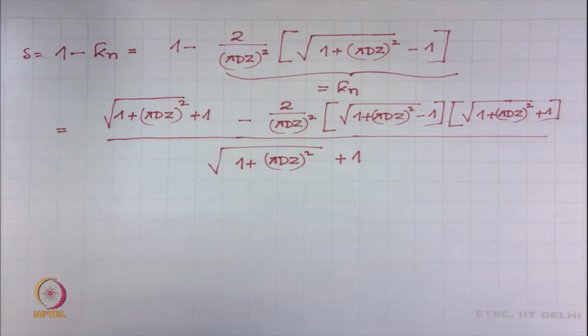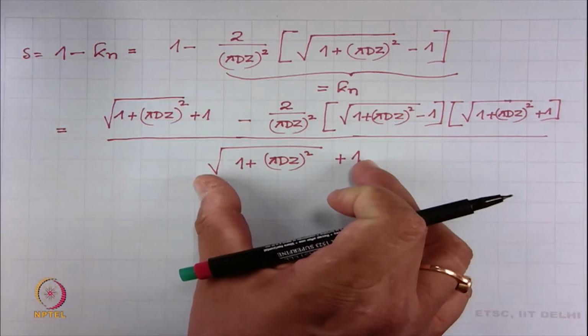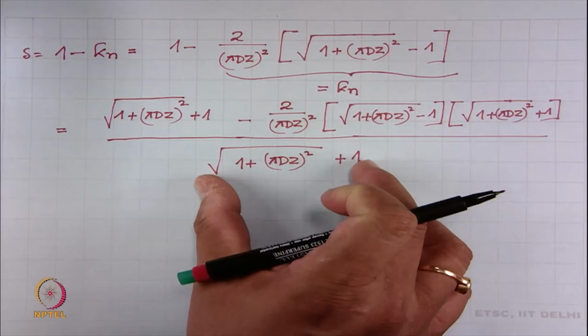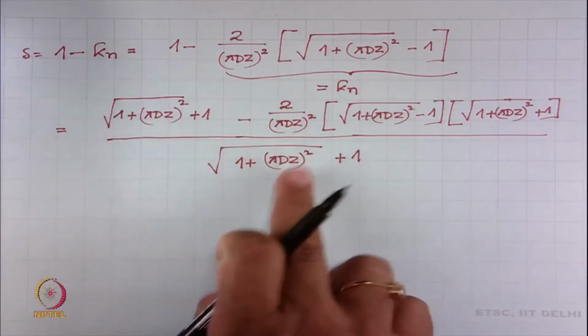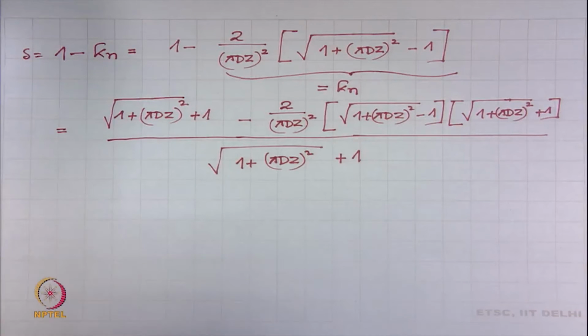So, what we did basically? We basically multiplied and divided by this expression. Here it will cancel, so 1 will come, minus here this will cancel, so this expression will come. Okay.